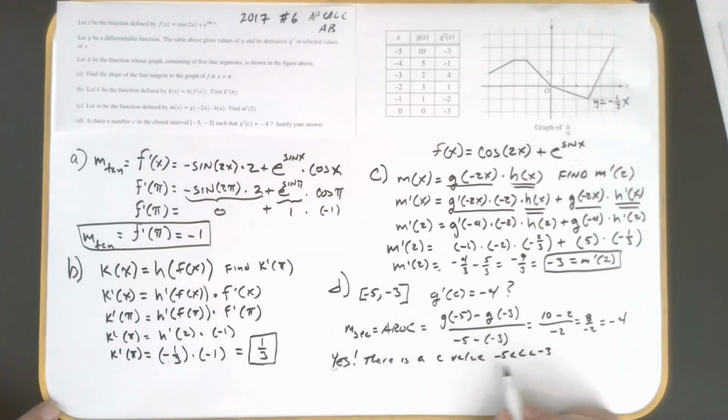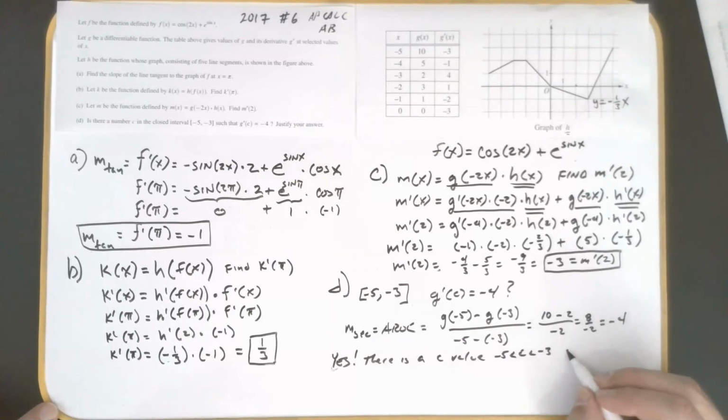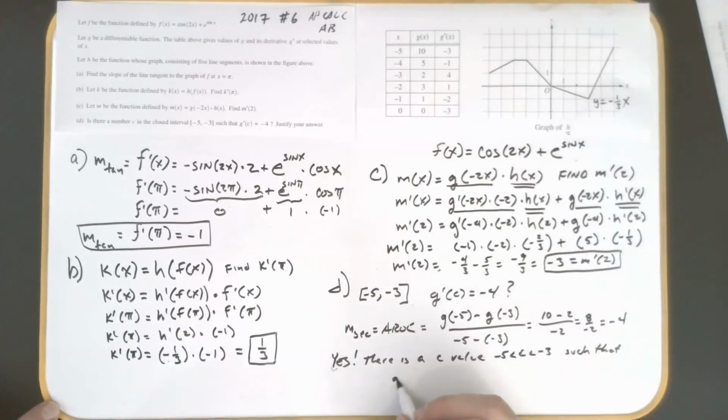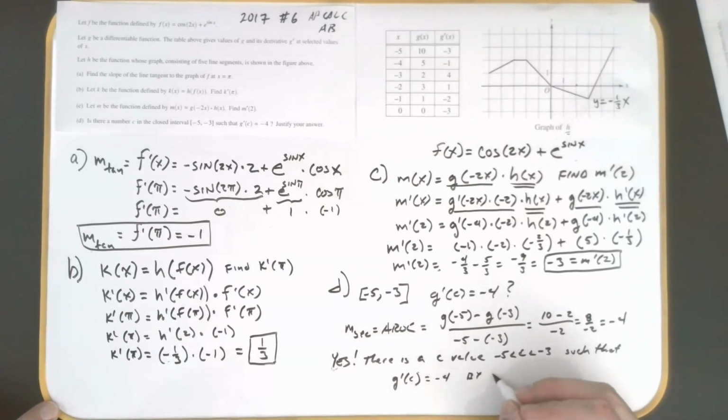There is a c value in the interval -5 to 3 such that g prime of c is equal to -4. And so the fact that you're writing the statement here, yes, there is a c value in the interval such that g prime of c is equal to -4 by the mean value theorem.